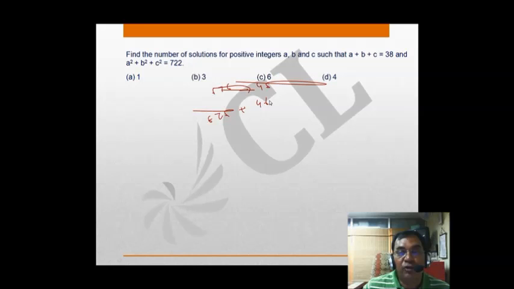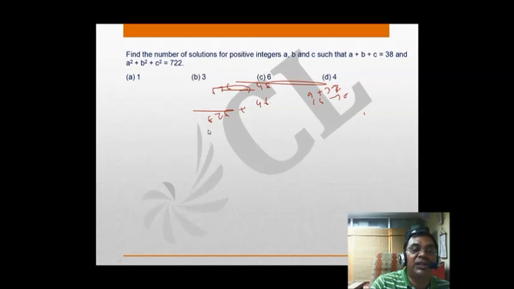So 1 square, that means 1 and 45, not possible. 4 and 42, not squares. 9 plus 37, not a square. Then 16 and 30, not a square. Not possible.